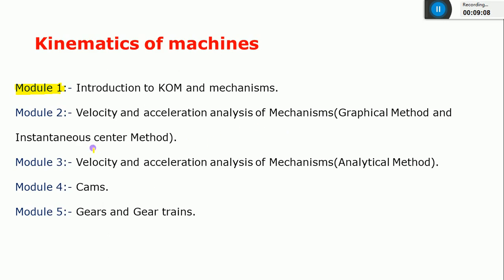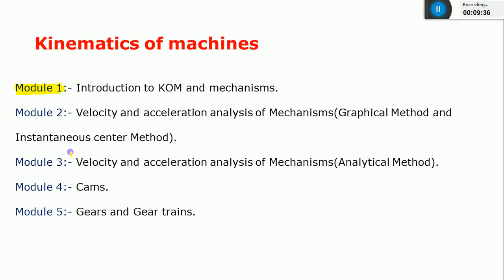Similarly, in module number 3, again you are finding the velocity and acceleration of a mechanism, of different kinematic links, using the analytical method. Using some derivations and standard equations, you are going to find the velocity, angular velocity, acceleration and angular acceleration of different kinematic links or elements at different parts. So this is the analytical method and that is the graphical method.